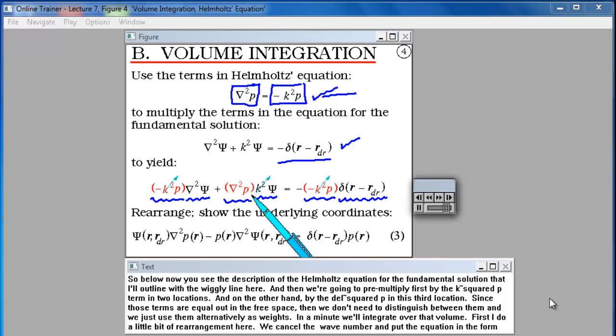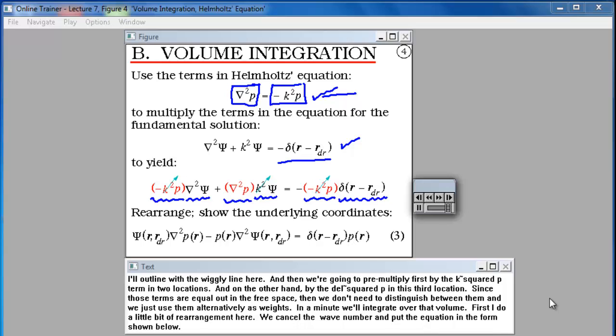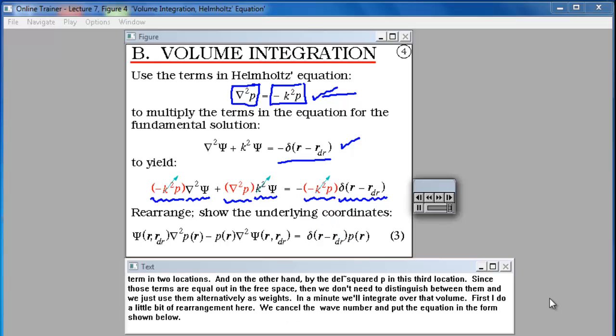Since those terms are equal out in the free space, then we don't need to distinguish between them, and we just use them alternatively as weights. In a minute we'll integrate over that volume. First I do a little bit of rearrangement here. We cancel the wave number and put the equation in the form shown below.